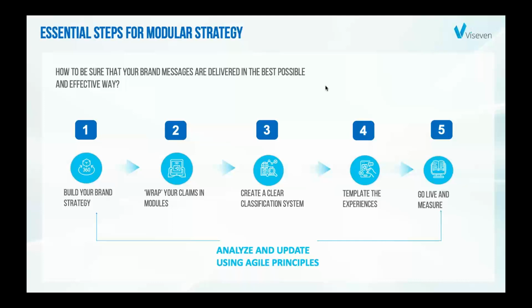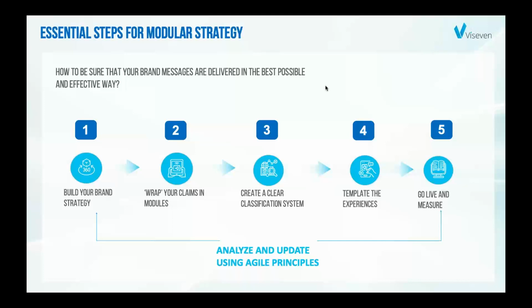All of those claims and messages that you want to share are wrapped in the frame of modules. The modules can exist separately, but in order for them to be delivered, they should be a part of the template. So we templatize the experience, and we build the master templates where the modules are injected.